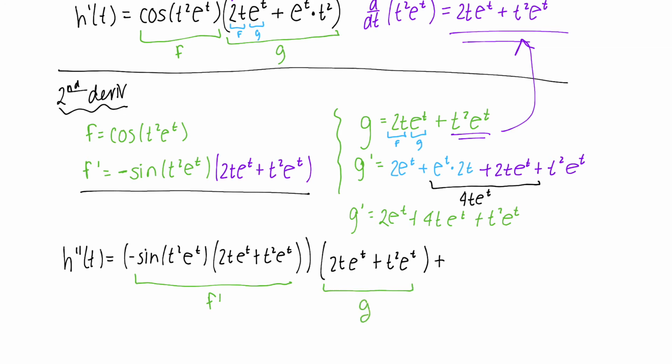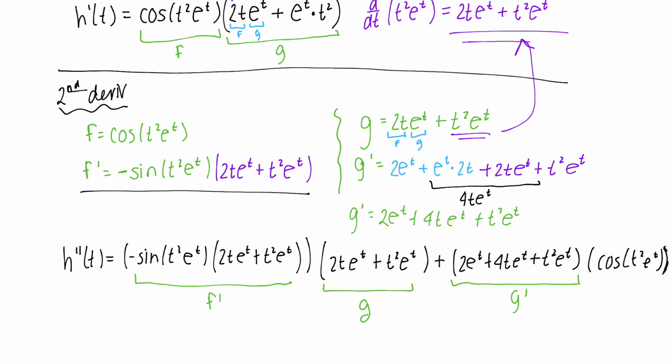Plus g prime, right down here, 2 e to the t plus 4t e to the t plus t squared e to the t. This is g prime. And then f is right here. So cosine t squared e to the t. And that, my friends, is the beautiful derivative.